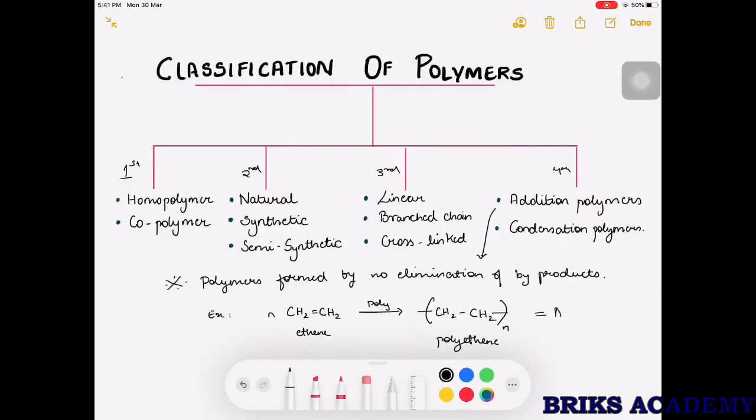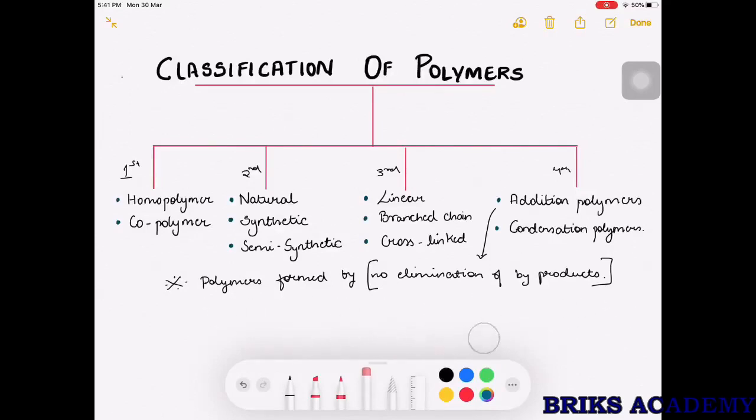So this type of polymer is an example of addition polymers. Please note this point of no elimination of byproducts.